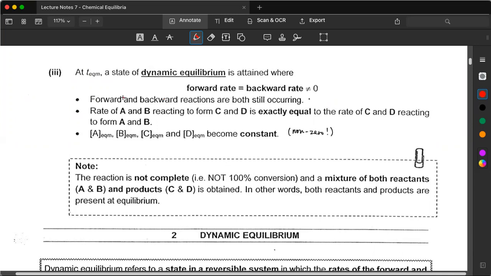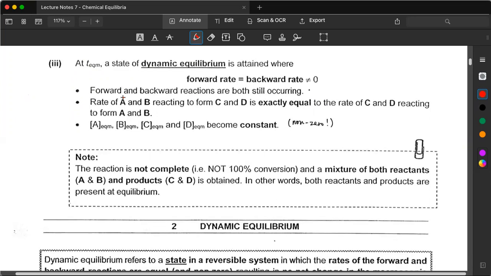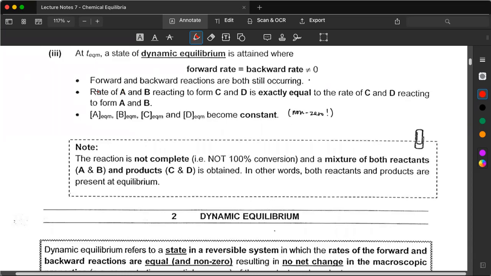And the rate of A and B reacting to form C and D will be exactly equal to the rate of C and D reacting to form A and B. So we are looking at rate of reaction here to see the speed and the progress of the reaction. And at this point where dynamic equilibrium is achieved, we can say that there is no more change in the concentration of both the reactants and the products. They are not 0, but remain constant.